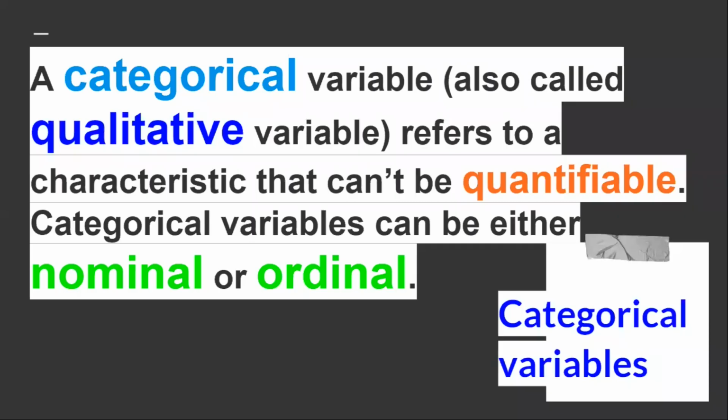A categorical variable, also called a qualitative variable, refers to a characteristic that cannot be quantified. Being non-quantifiable is what characterizes a categorical variable.